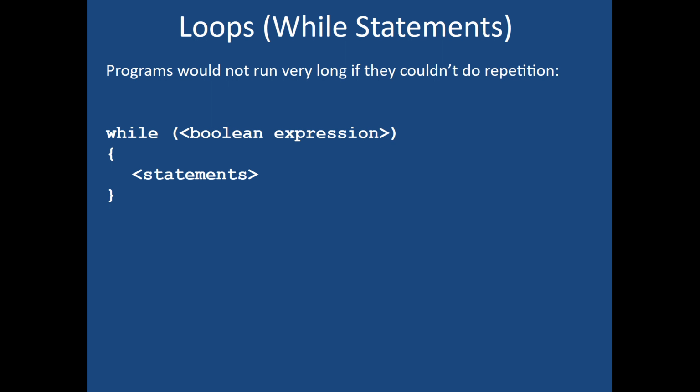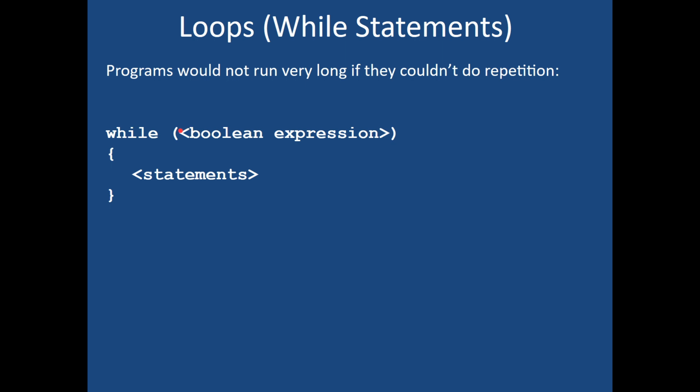The way it works is, if your program's running along and a while statement is encountered, that expression is evaluated. If it's false, then we just skip on to the next statement and continue on in the method. If it's true, we execute these statements, and then we evaluate the Boolean expression again. If it's still true, we execute the statements and reevaluate.